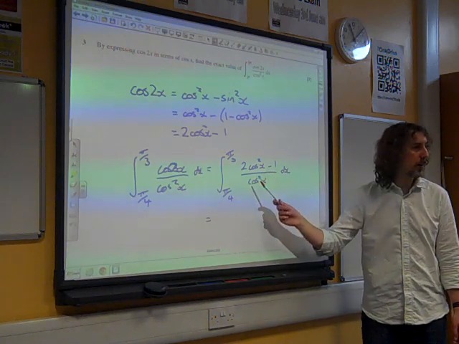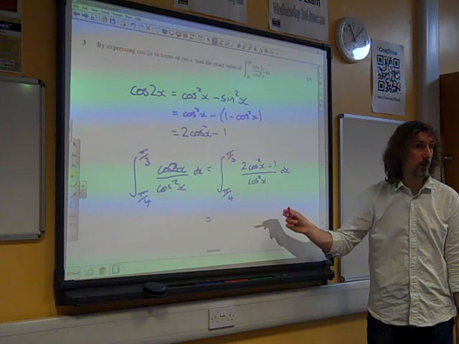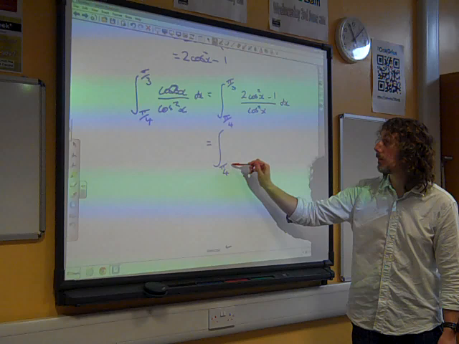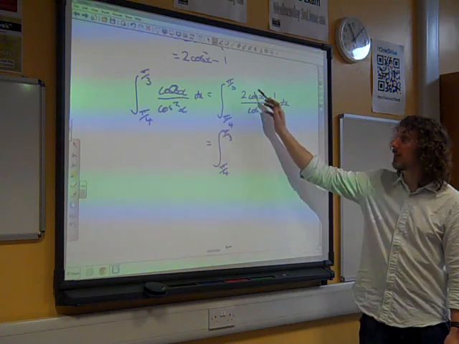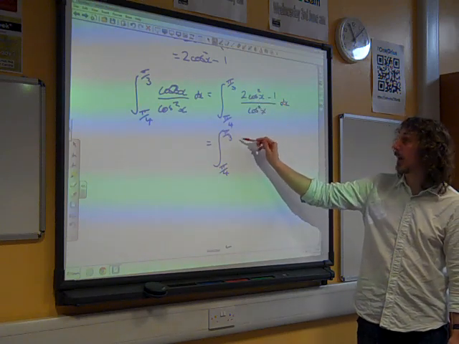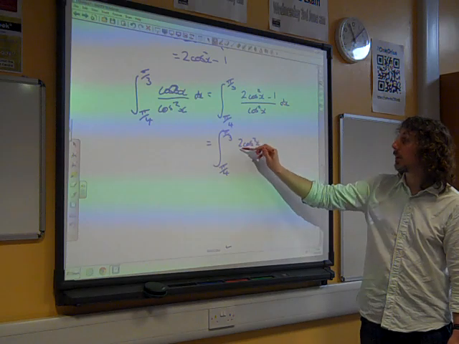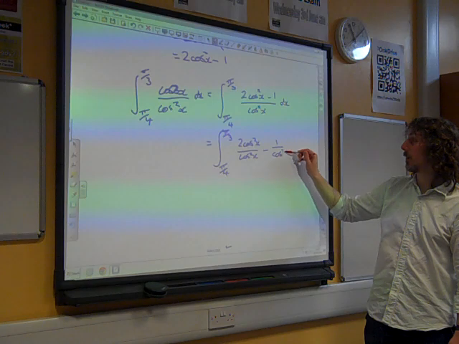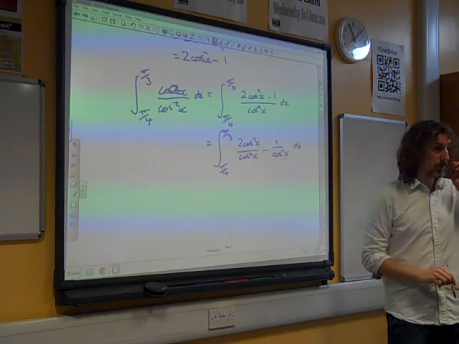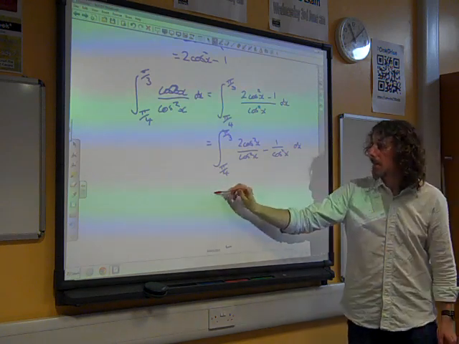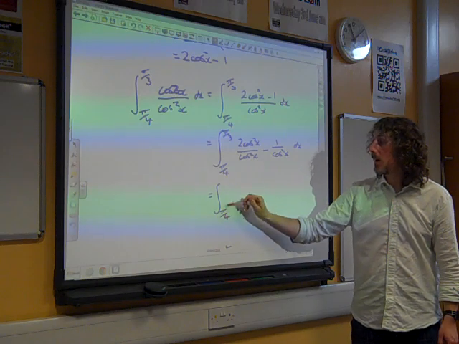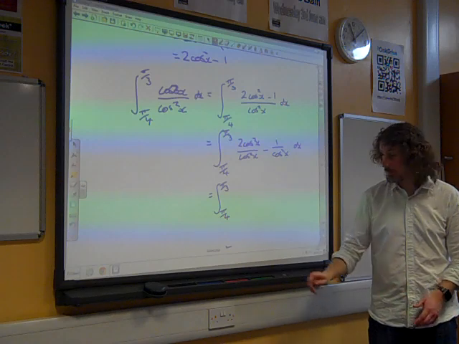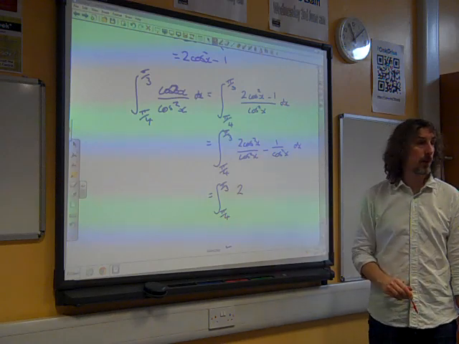We can split up this fraction, can't we? It is going to be 2 cos squared x over cos squared x minus 1 over cos squared x dx. And this first bit, the cos squared x, really nicely cancels out to leave us with 2.